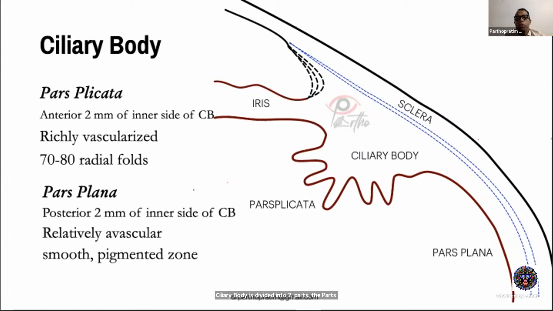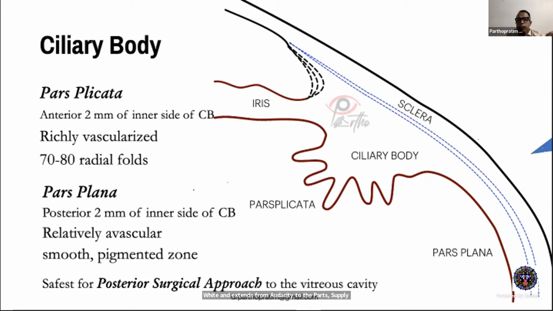The pars plicata is richly vascularized and consists of 70 radial folds that are known as ciliary processes. These ciliary processes secrete aqueous humor, and the pars plana, in contrast to the pars plicata, is a relatively avascular, smooth, pigmented zone, 4 millimeter wide, and extends from the ora serrata to the pars plicata. So that's why this is the site that's safe for the posterior surgical approach to the vitreous cavity. And that's why this site is approximately located 3 to 4 millimeter from the corneal limbus.